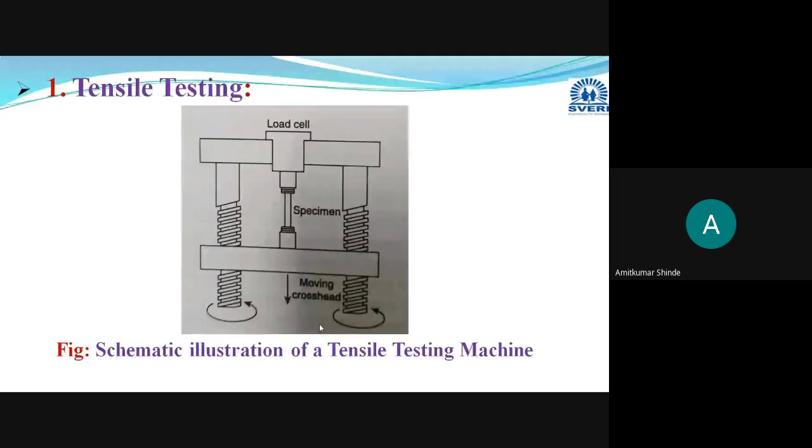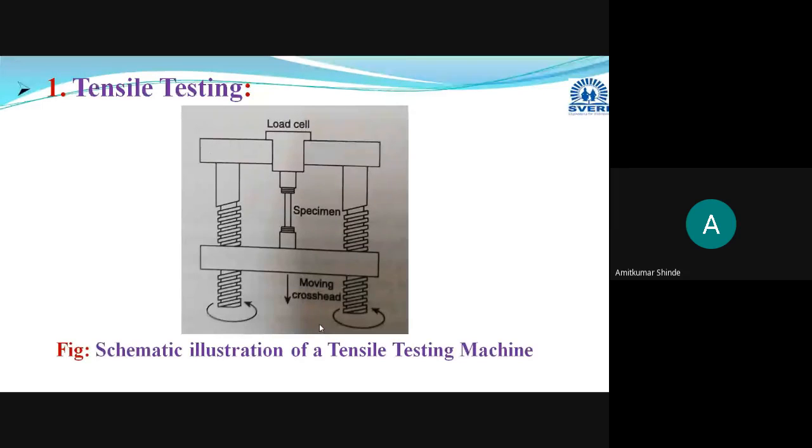Gradually increase the load until the specimen breaks. For each increase in the load step you have to measure the corresponding change in the length and change in the diameter, and continue this procedure until the specimen breaks.